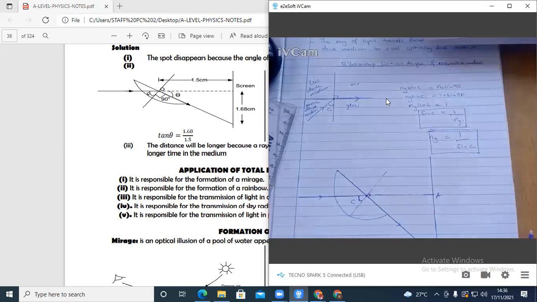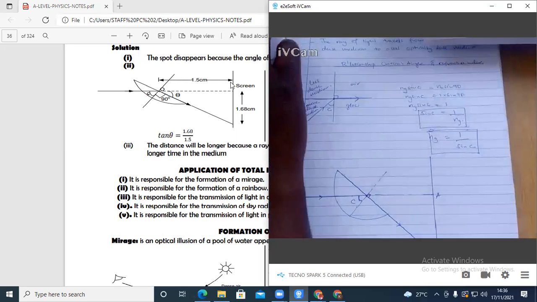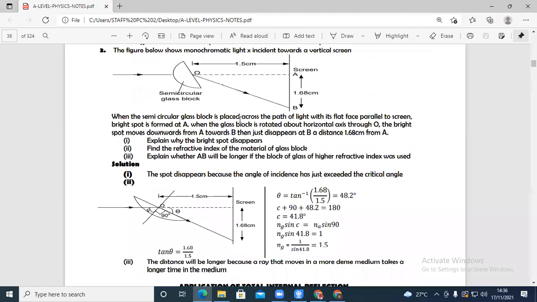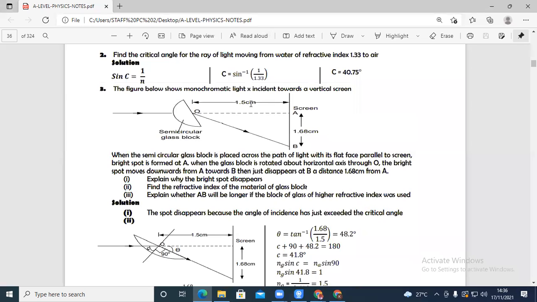Now, they say that the distance between the glass block and the screen, they gave it to us, it was 1.5. Where is it? Screen from A. From the diagram, it's there, 1.5.